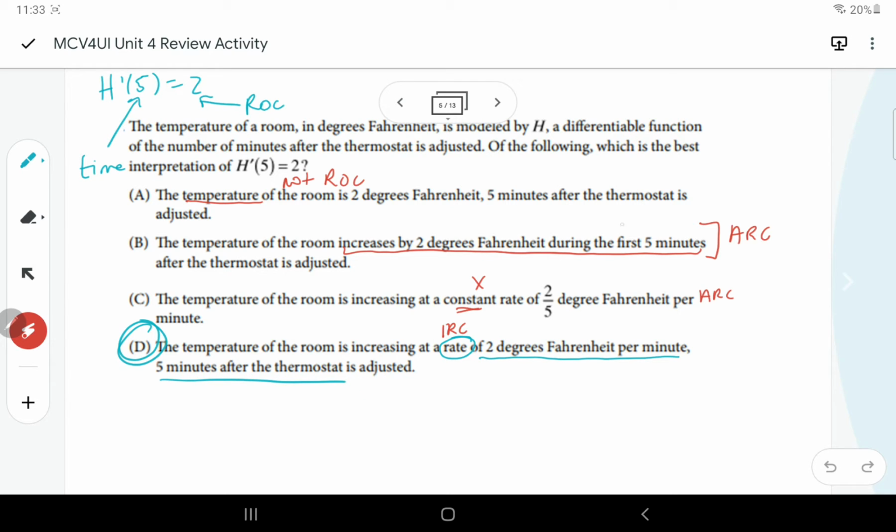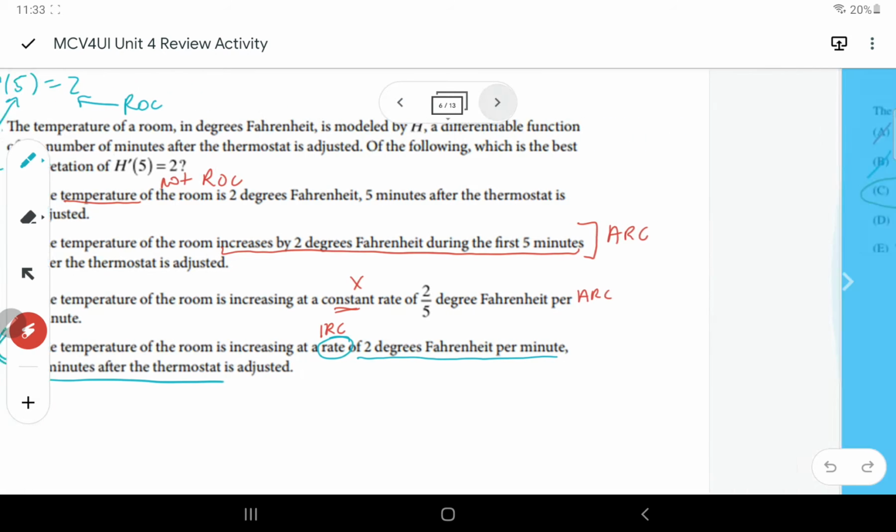Most of the other ones are ARC. This is 2 degrees over the first 5 minutes, so that is an interval, not instantaneous. That's an average rate of change, as is this constant rate per minute. This one in A just said the temperature of the room is 2 degrees. That's not the temperature because H prime is the rate of change.